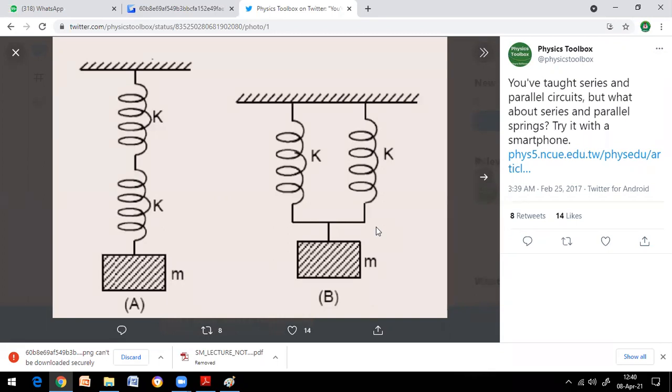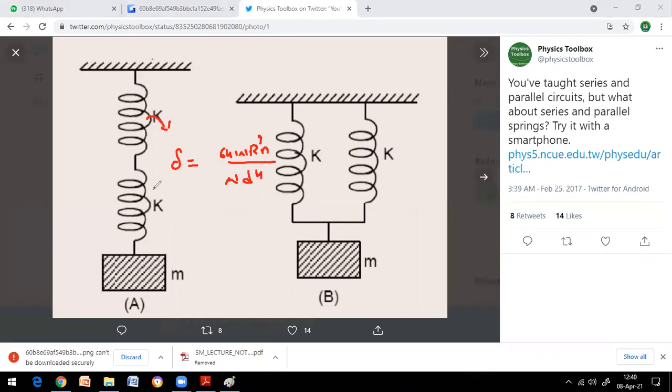What is the formula of deflection for a closed coil helical spring? Delta is equal to 64 W R cube N by N d power 4. So this is the delta formula of each spring.